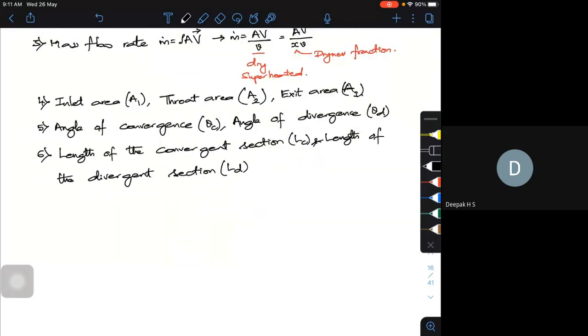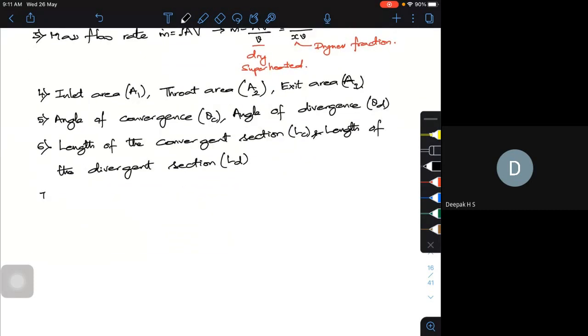So all these things lead to one more factor called the number of nozzles, which is directly proportional to, if I call it N or I or whatever, your mass flow rate or discharge. So the more the mass flow rate, the more nozzles.